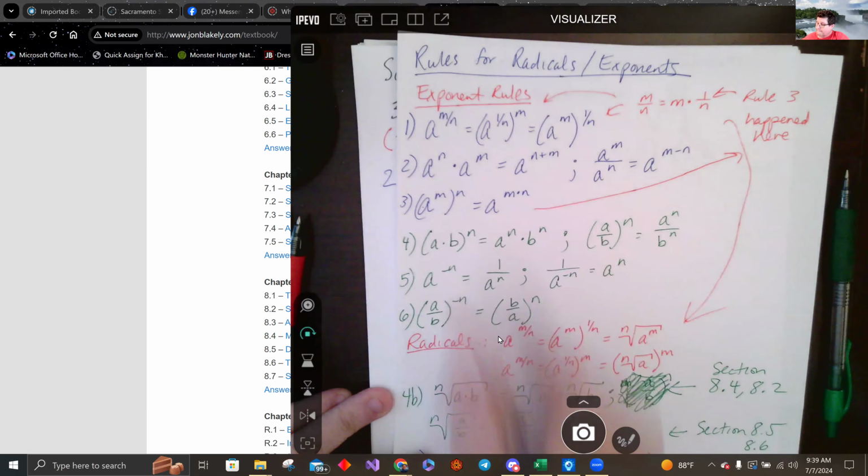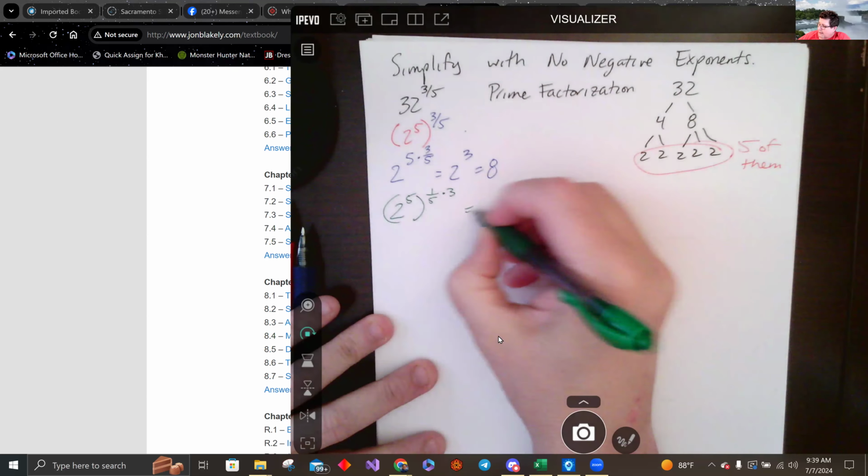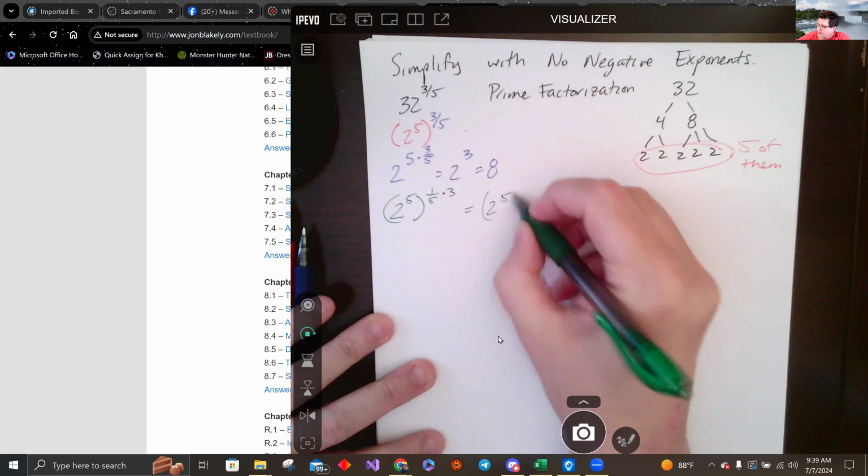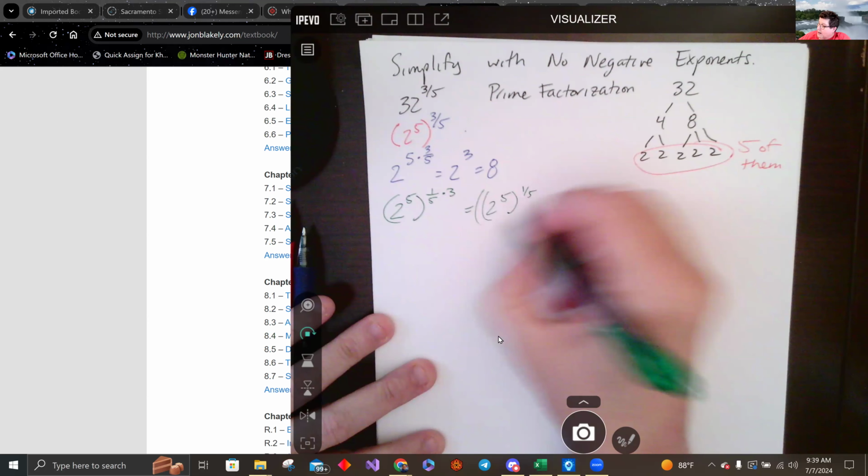Another way of doing it, it's a little bit slower, but it might be a little bit easier to see what's going on. 3/5 is 1/5 times 3. And so we can write this as 2 to the 5th power to the 1/5 power cubed.